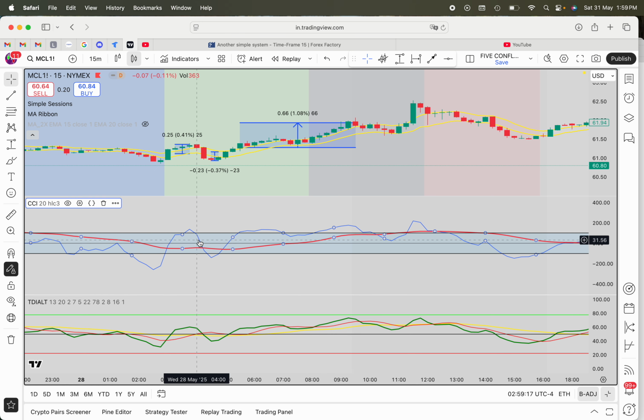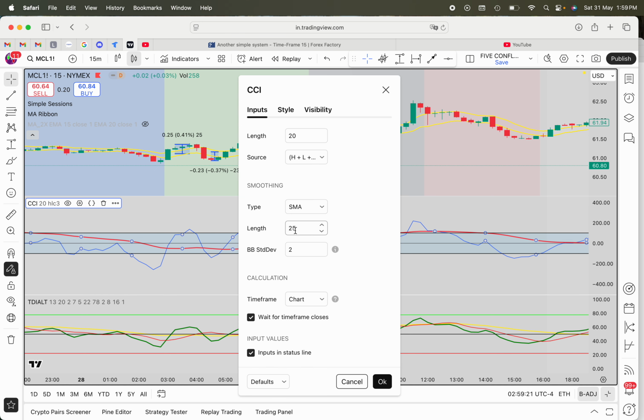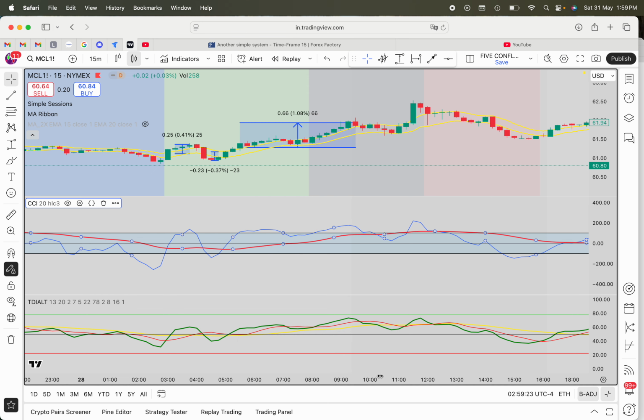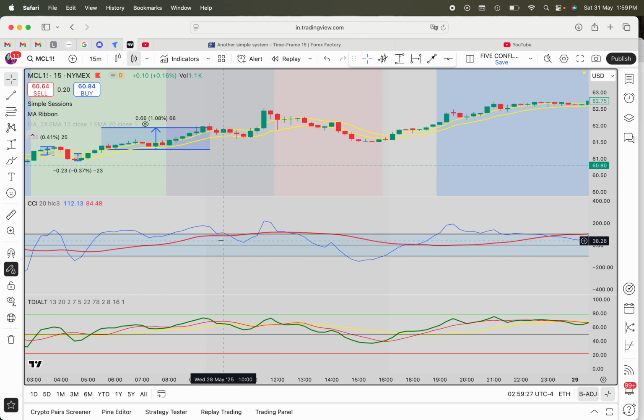This is set up as a 20 and a 25 moving average. I have tried numerous indicators and nothing beats the CCI. It just seems to be more responsive, with less noise in the indicator.